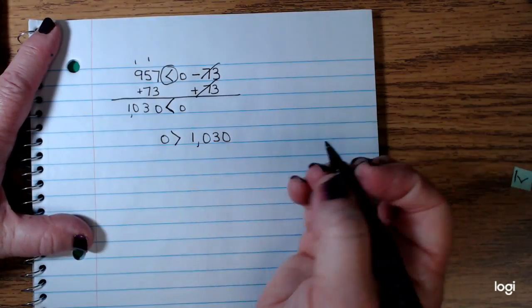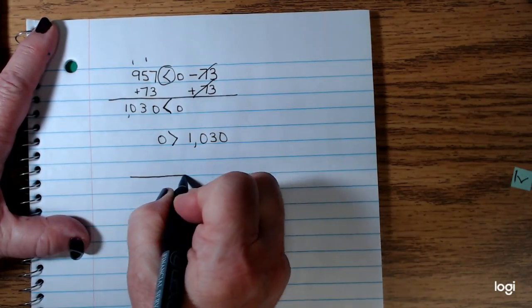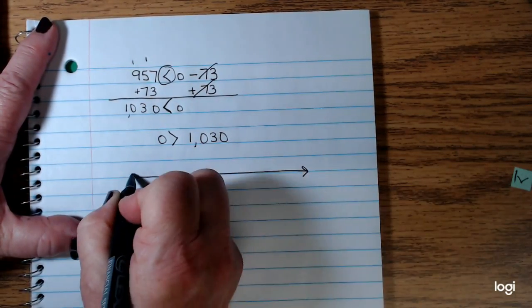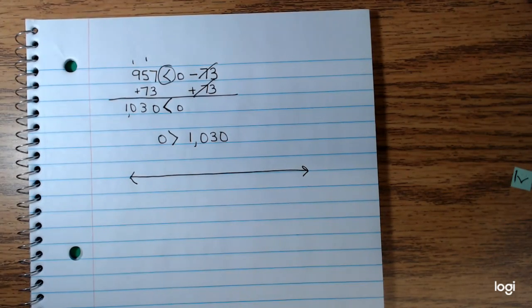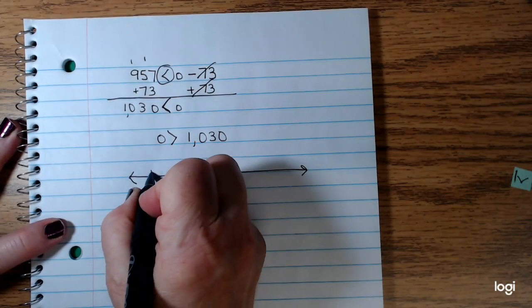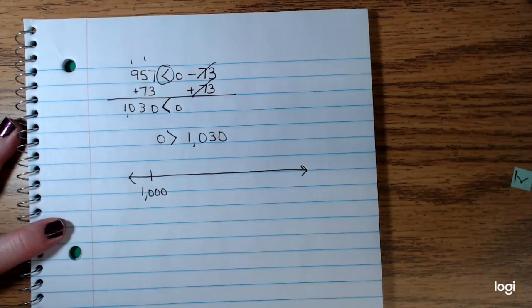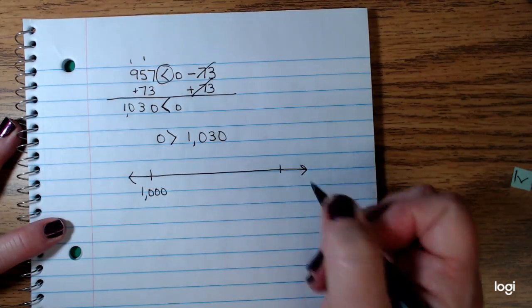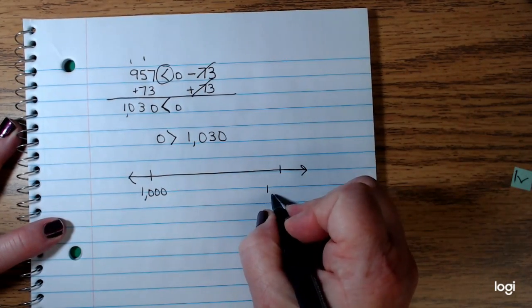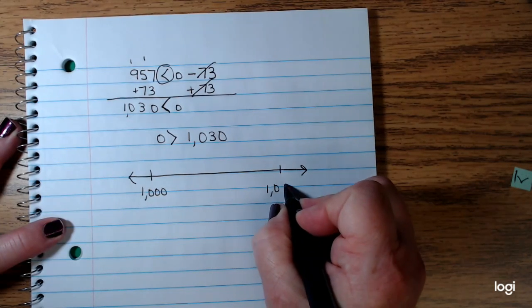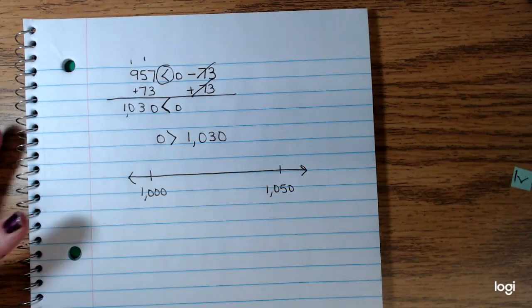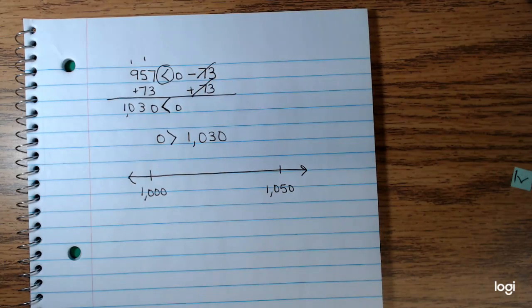Now, sometimes number lines will be like this, and they may have some numbers on them already. So, for example, maybe I'm going to have on this number line, here is the number 1,000. And then maybe down here, I might have, here is the number 1,050. And so I have to show where I'm going to put 1,030.